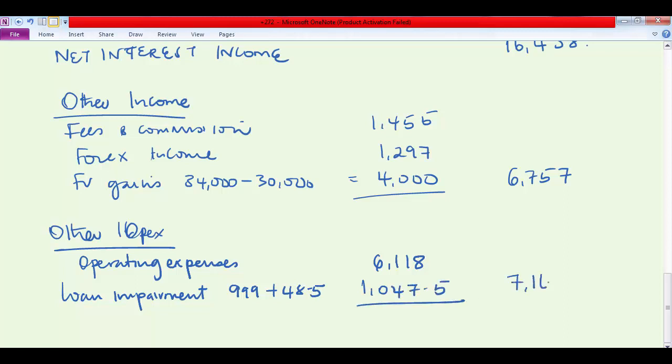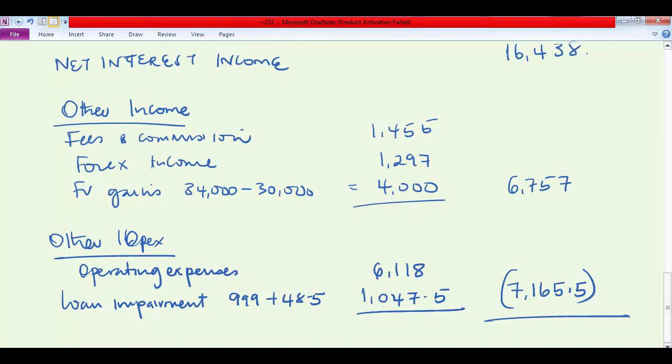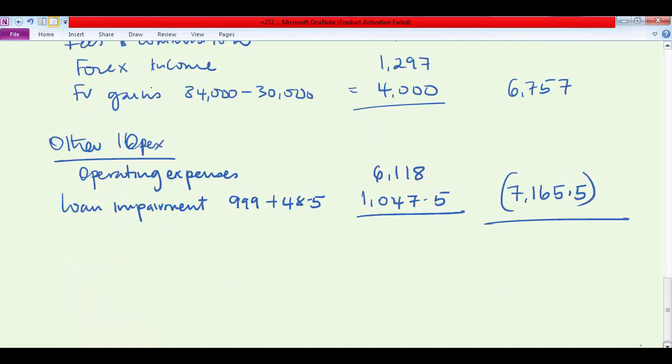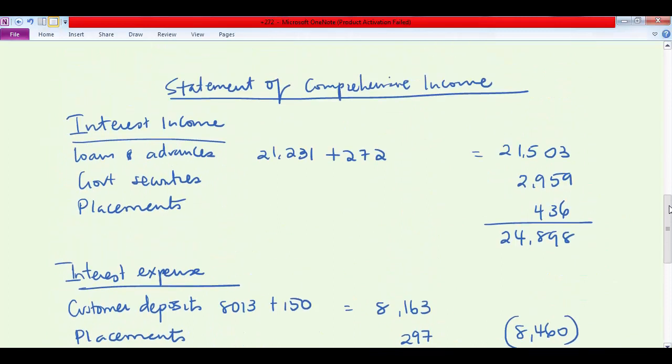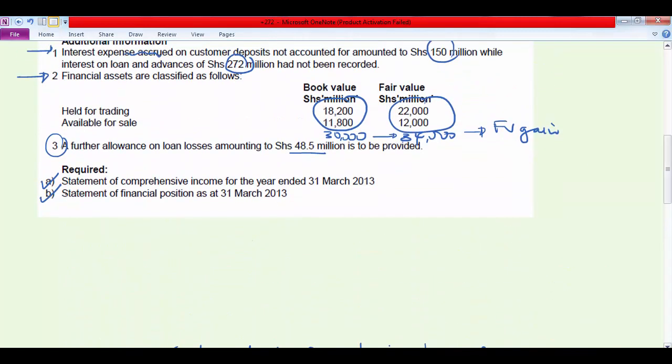So when I solve for that, what do I get as being my net profit? 16,024.5. Okay, very simple.